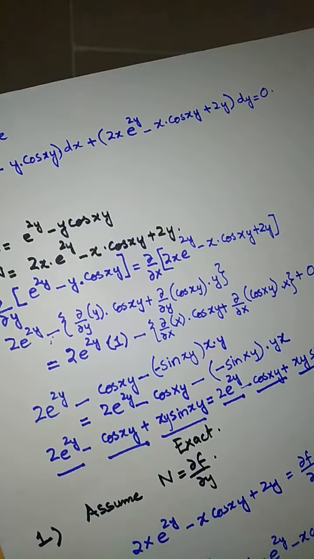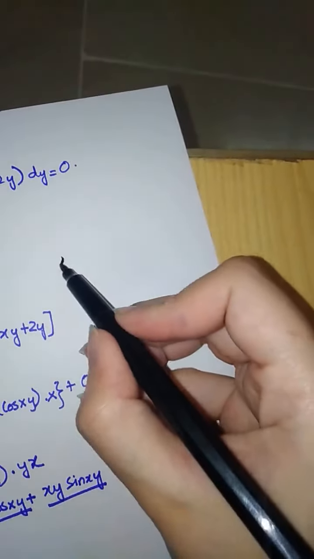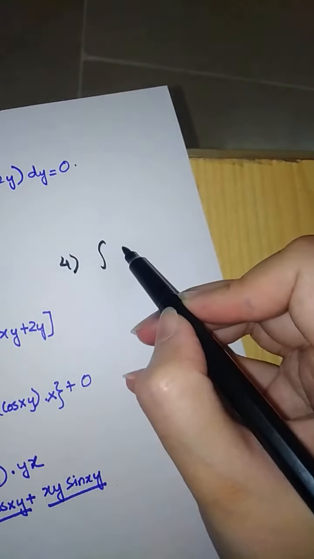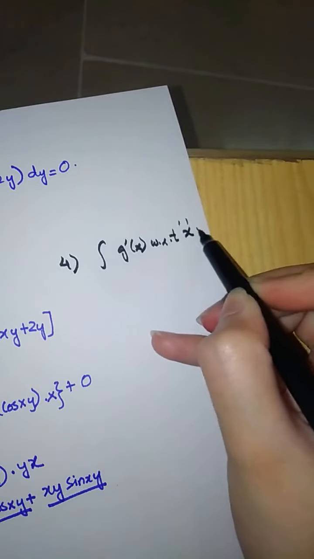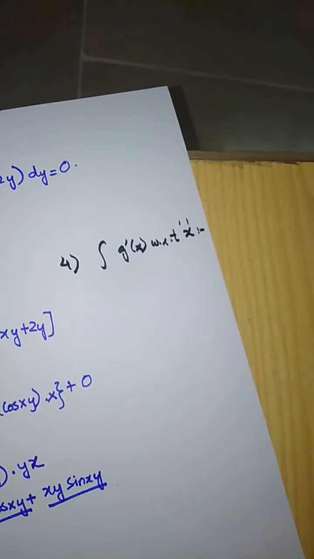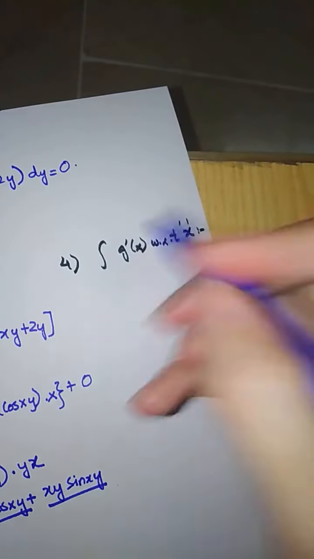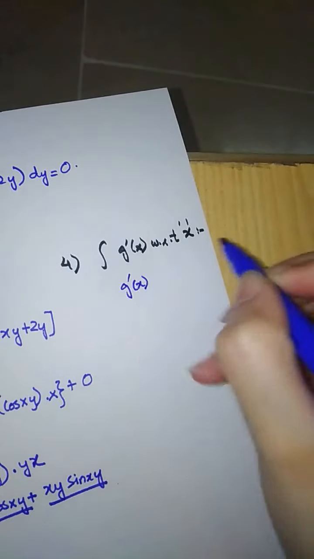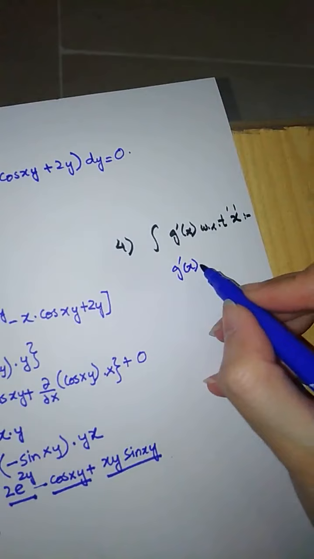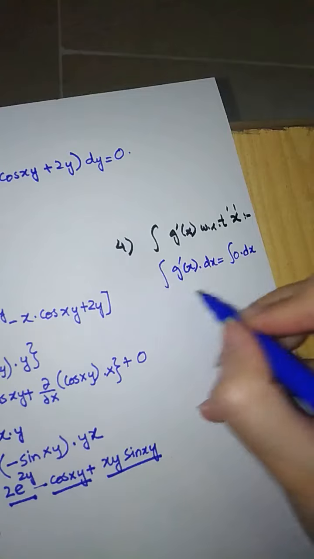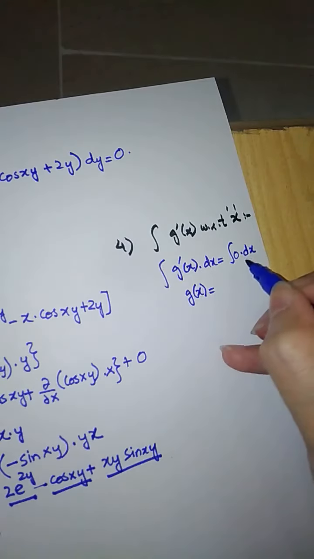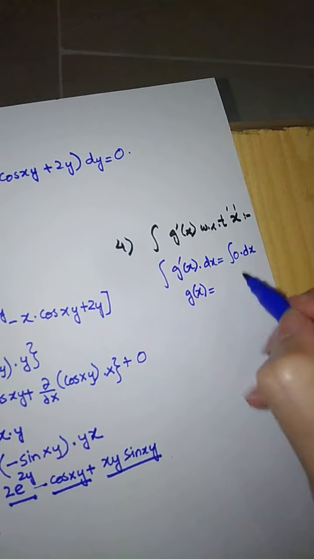Okay, in the fourth step, integrating this g dash of x with respect to x. g dash of x here is 0. So that becomes g of x, and what's the integral of 0?